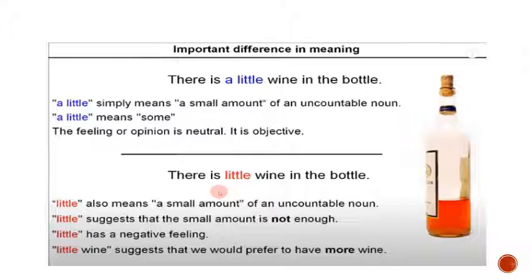Little has a negative feeling. And little wine suggests that we would prefer to have more wine. So, a little means not much but enough. Little means not much but not enough.